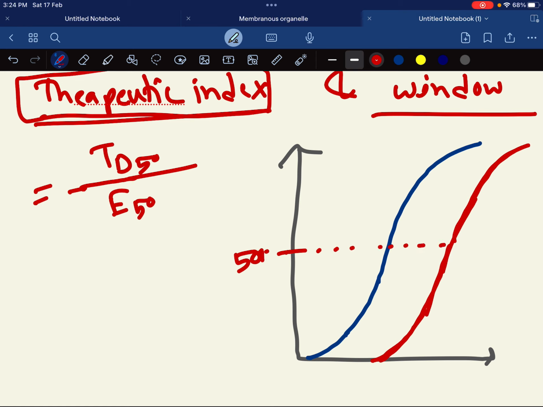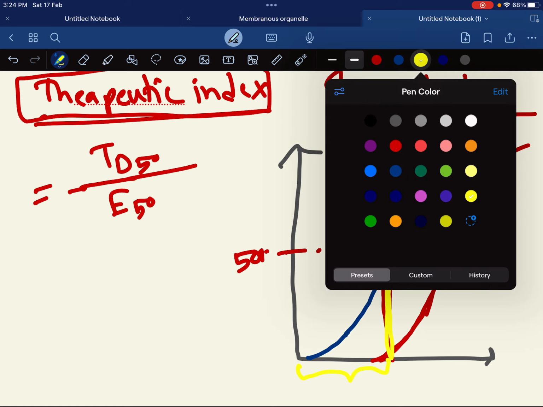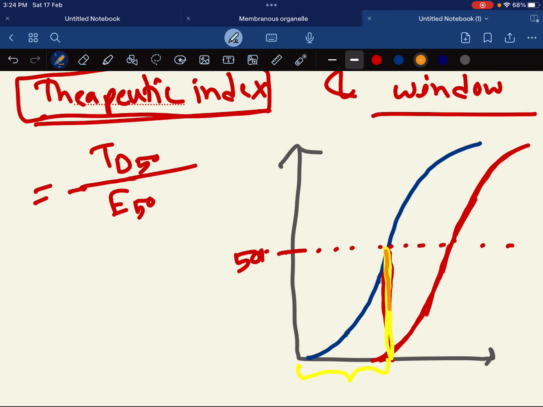So this is 50%. Now this portion, this amount of drug, let me use another color. Say x milligram of drug. This x milligram of drug is the median effective dose.